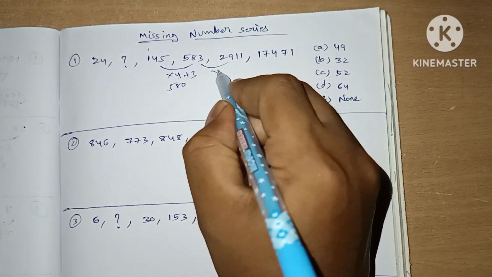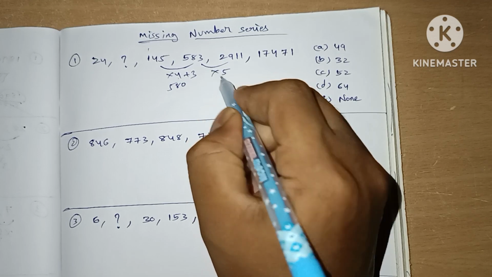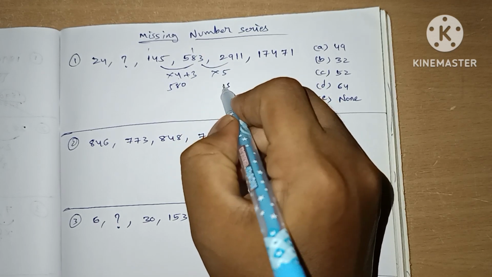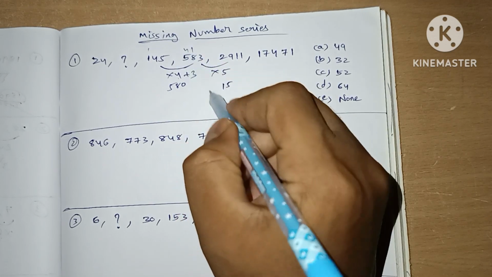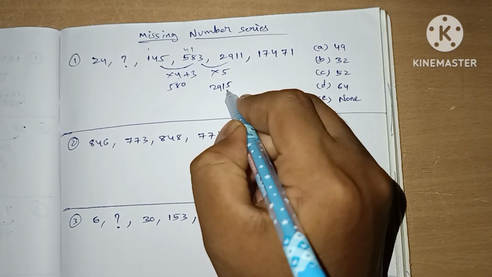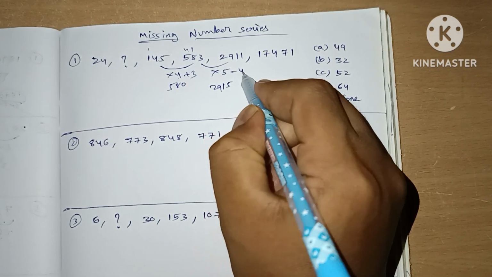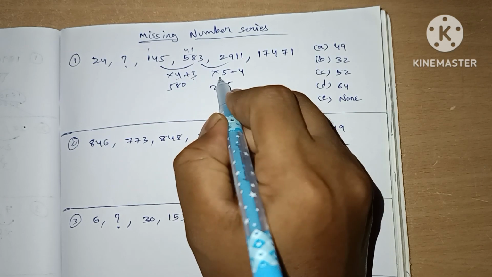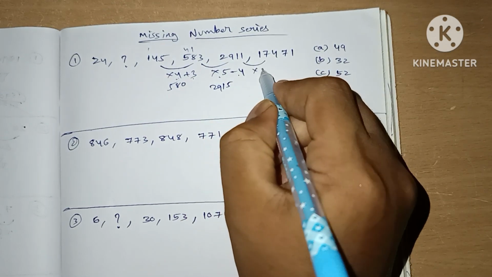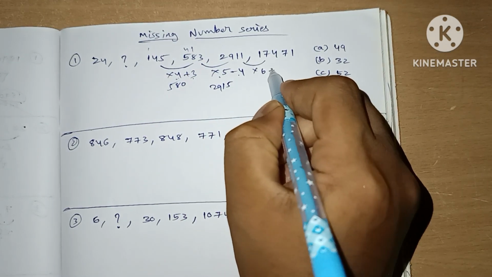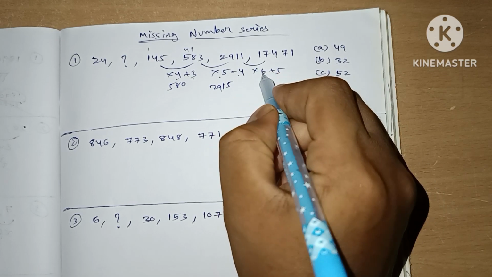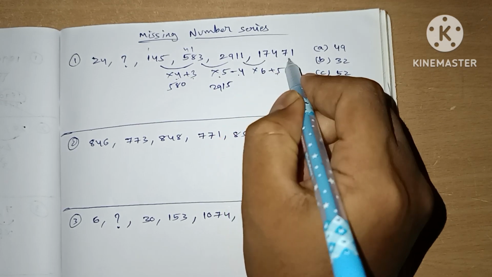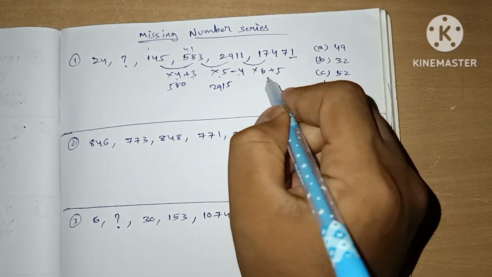Here it is nearly 5 times. 8, 5 times is 15, 41, 25, 29, 15 minus 4. So it looks like into 4 plus 3, into 5 minus 4. It must be into 6 plus 5. 6 times 1 is 6, plus 5 will be 1. So it must be into 6 plus 1.